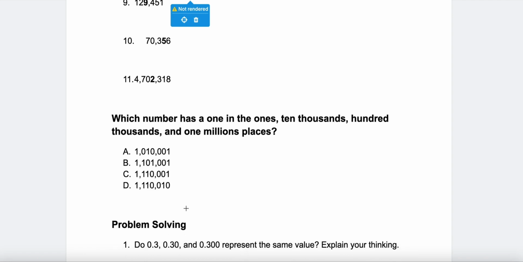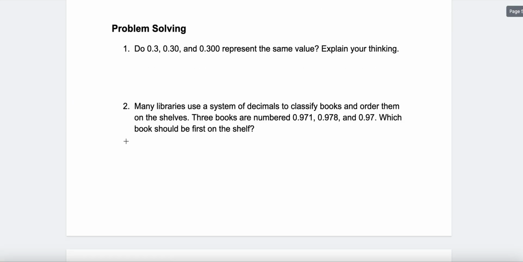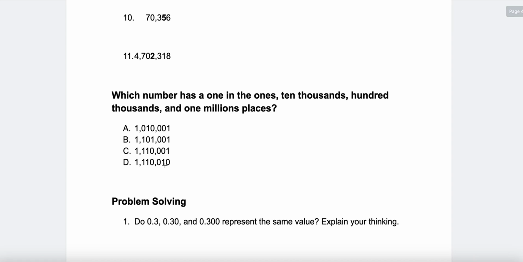Which number has a 1 in ones, 10 in thousands, and 100 thousands, and 1 million places? So 1 in ones, which is just A through C. So D is crossed out.